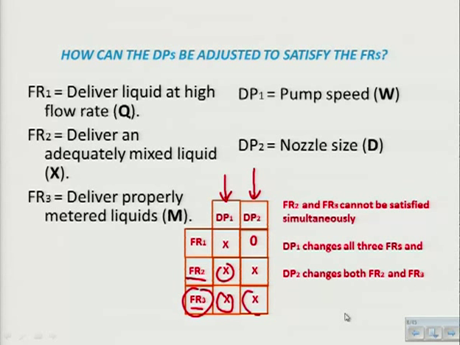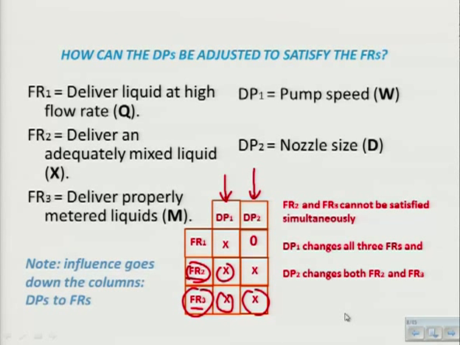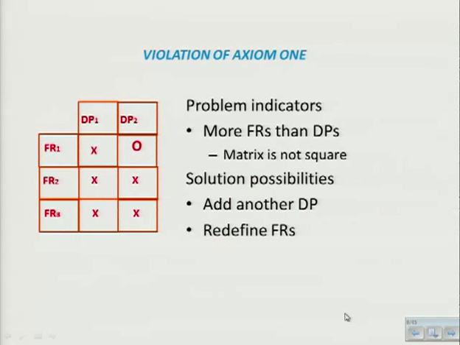I get it back in tolerance again. Now FR2 is out of tolerance, so then I change DP2 again, and so forth. So I might get into a never-ending iteration on that. So that's not a good design. So the influence goes down the columns, DPs to FRs.